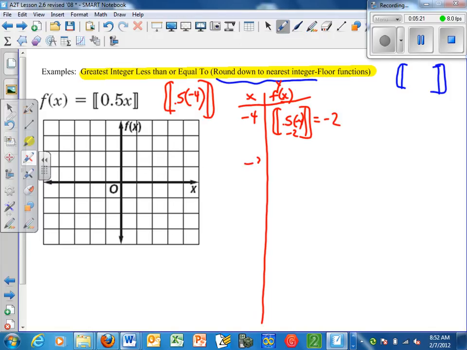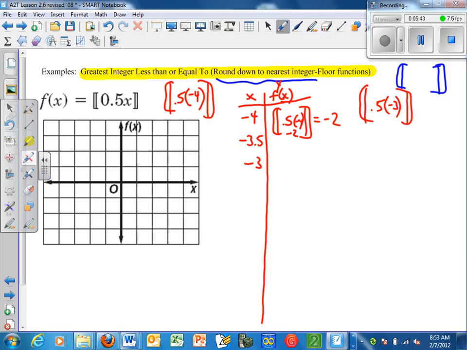I'm going to leave a little space here, negative 3, but we need to look at what happens in between negative 4 and negative 3. So I'm going to pick one decimal in between there. To make it easy, I'm going to pick negative 3.5. If I go in between here, I have 0.5 multiplied by negative 3.5 inside there.